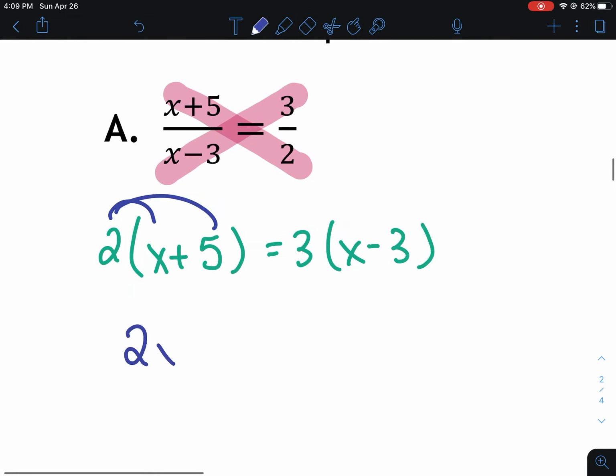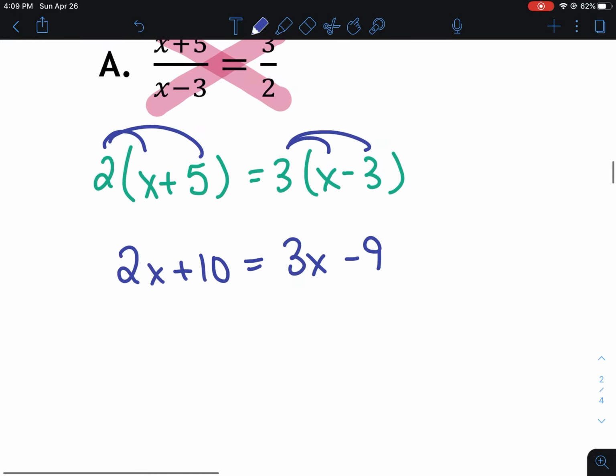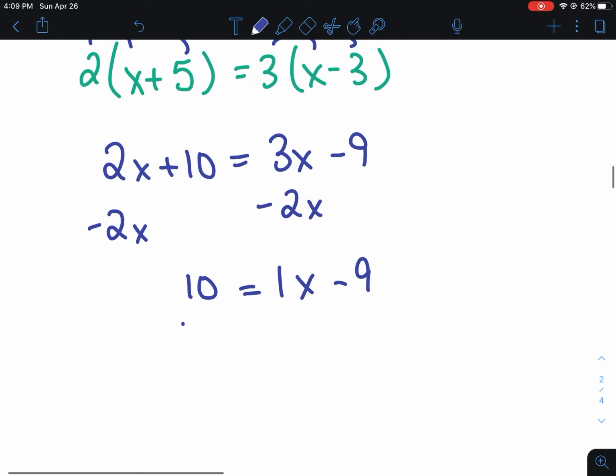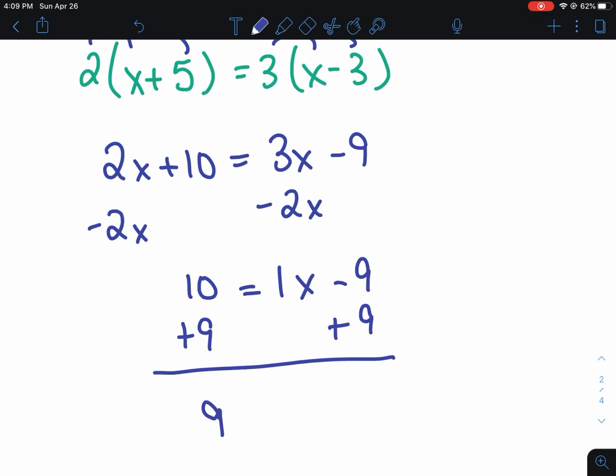I get 2x plus 10 equals 3x minus 9. I'm going to subtract 2x. And then I'm going to add 9. And I get 19 equals x.